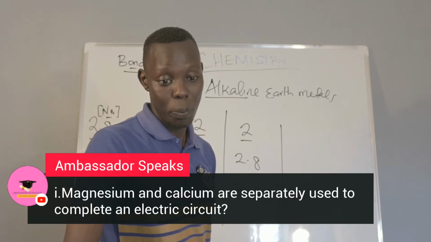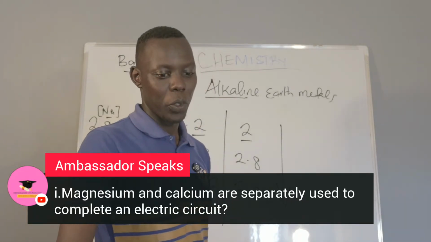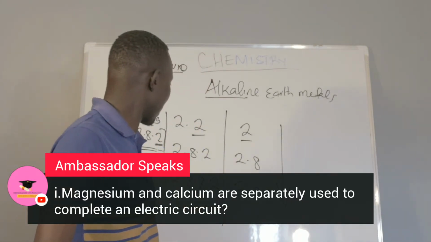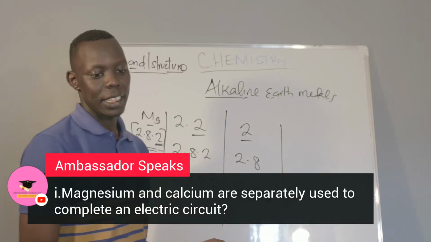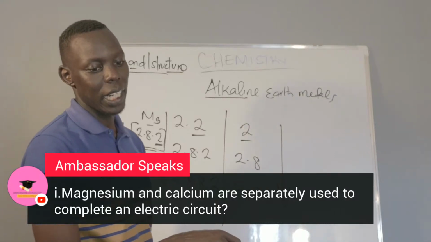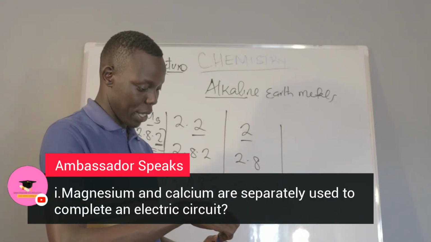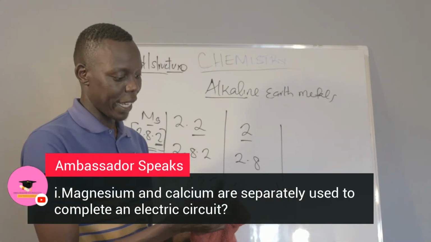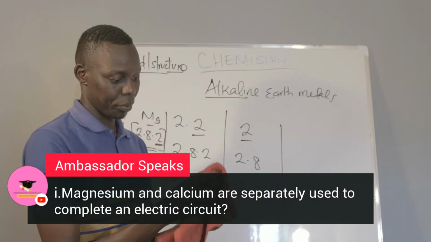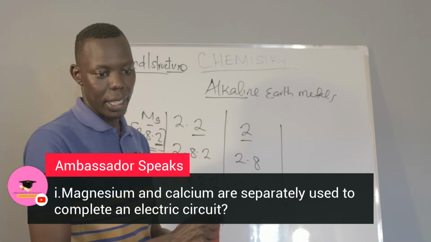The reason is this, because as you move down the group, there is an increase in the number of energy levels, whereby the outermost electrons are loosely held. Are you together? They are loosely held. So they can easily be lost. Are we together, Beverly?